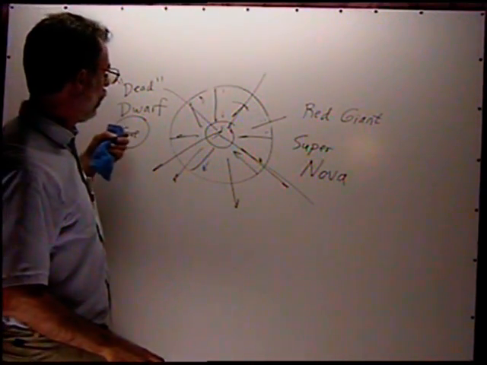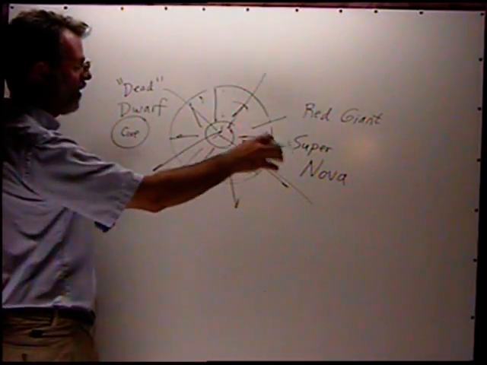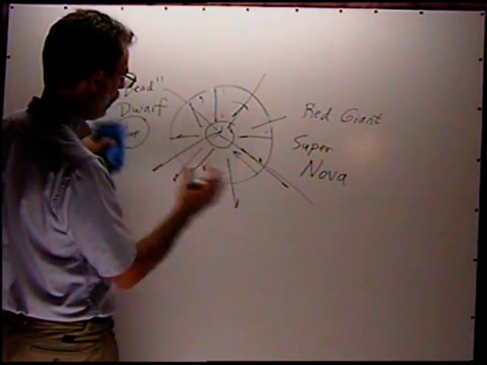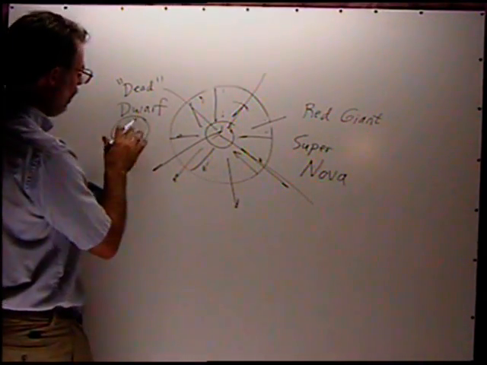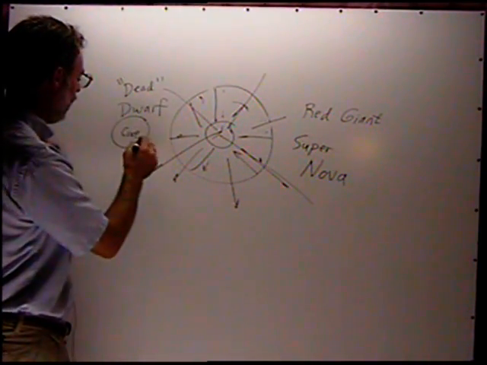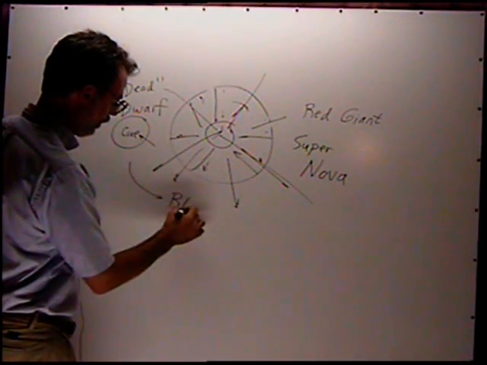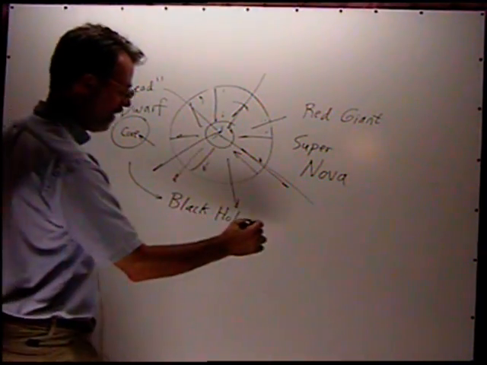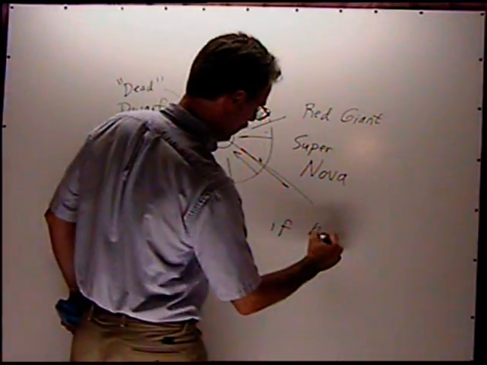Now, if you look at this dwarf star, when this material comes back together again after a red giant, if this dwarf has enough mass, it can turn into what's called a black hole. And that's only if it's massive enough.